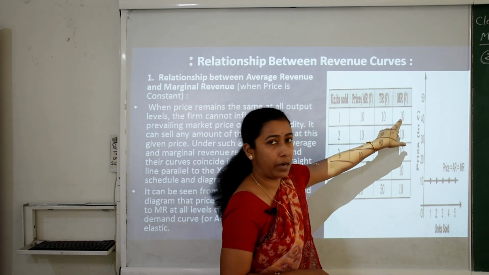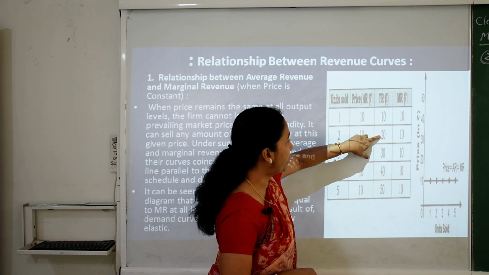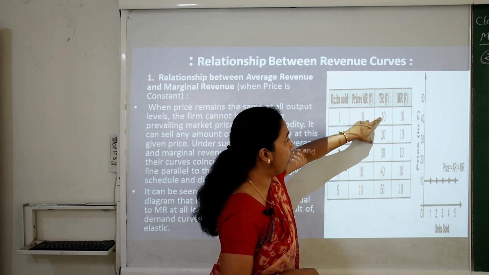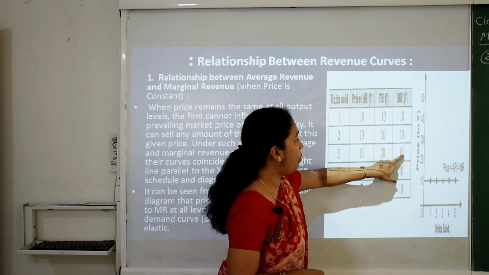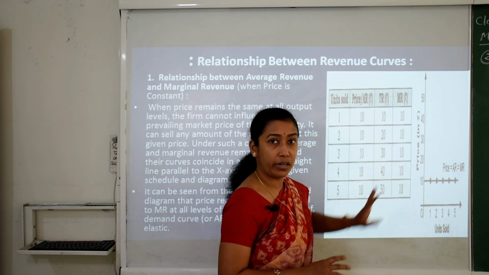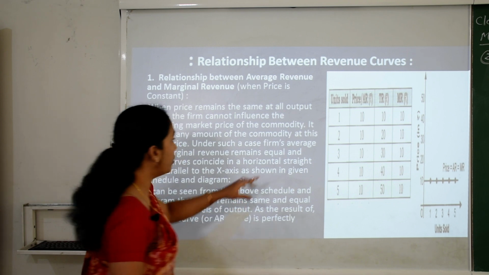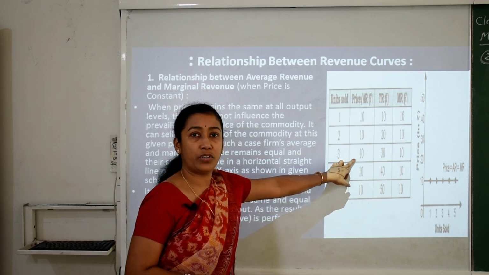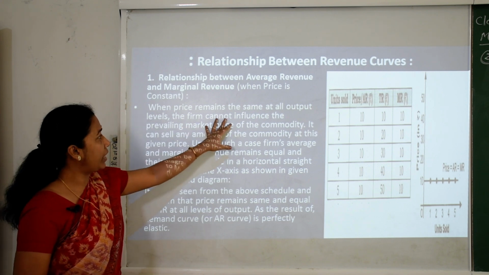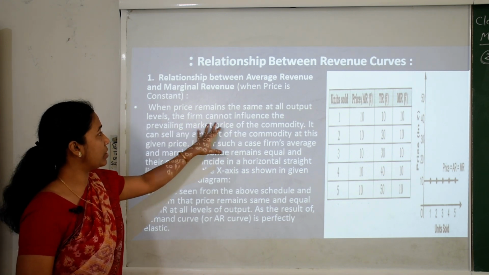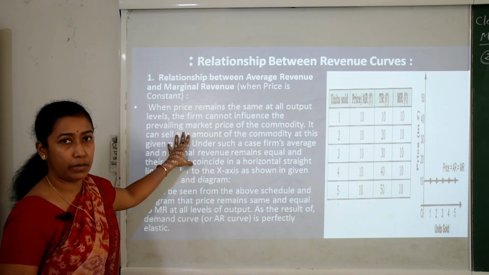How are we going to get marginal revenue? As total revenue of n minus total revenue of n minus 1, that means the later minus the previous one, we will get 10 each. That is, marginal revenue is also constant. Why? Because price, or average revenue, is constant at all levels of output. So, when price remains the same at all output levels, the firm cannot influence the prevailing market price.